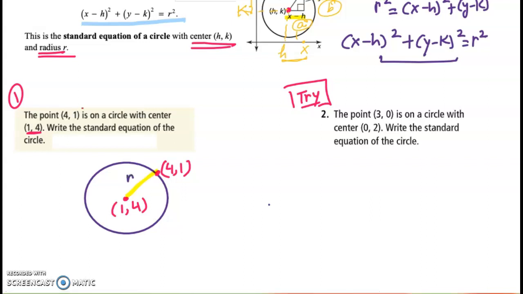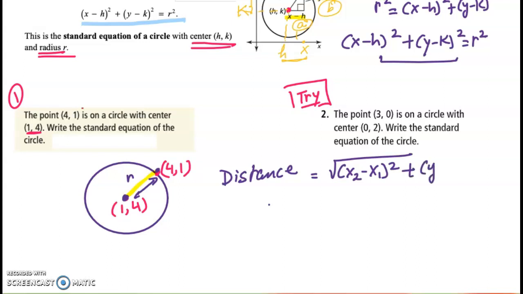How can I find the radius? If you remember, we did the distance formula. We need to find the distance from this point to this point. The distance is the square root of (x2 minus x1) squared plus (y2 minus y1) squared.